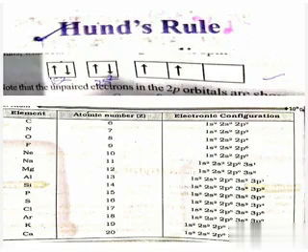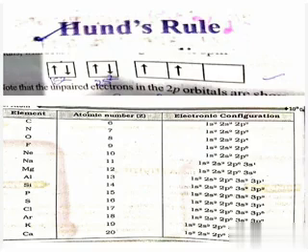Argon, atomic number 18: 1s2, 2s2, 2p6, 3s2, 3p6. Okay. Potassium, atomic number 19.